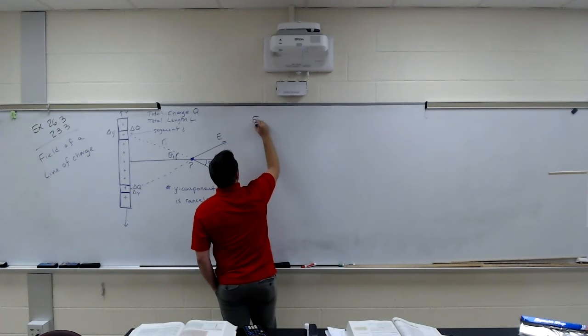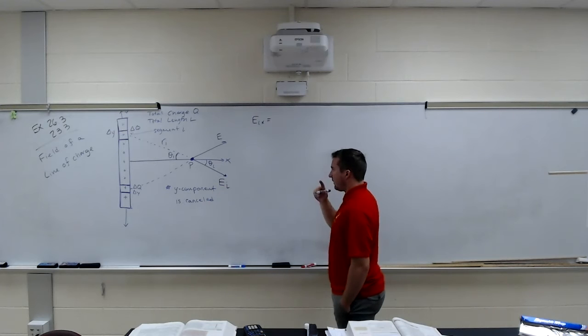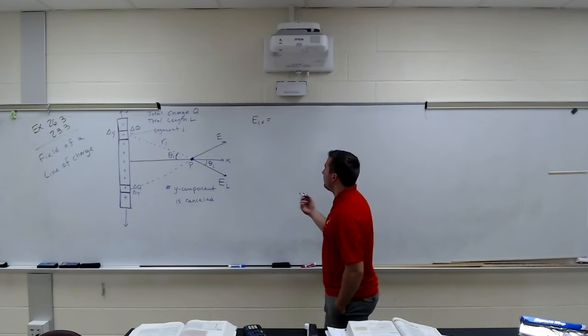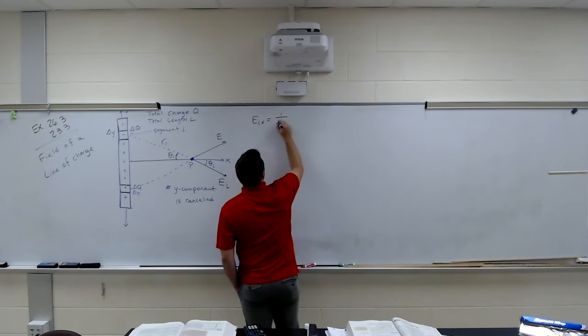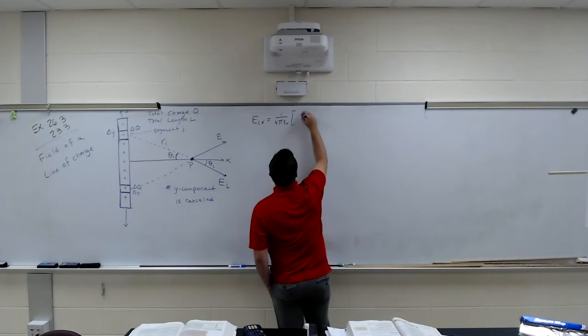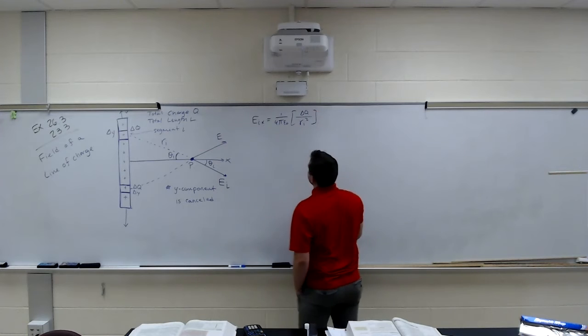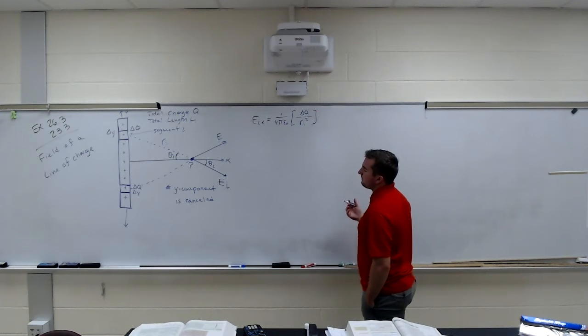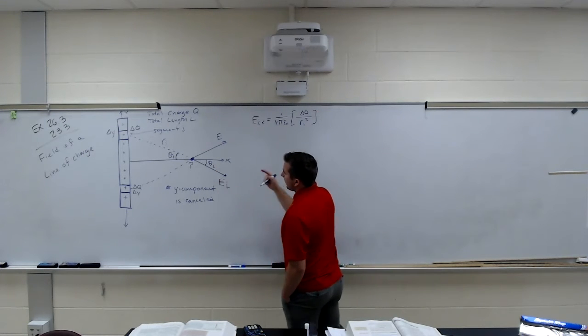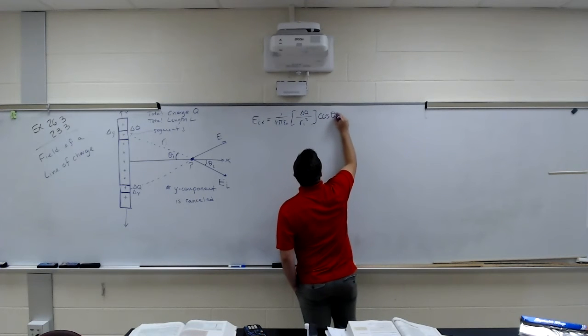So E_ix, let's start with that, is going to equal our equation for a point charge, which is k, 1 over 4 pi epsilon, times Q, which in this case is my small delta Q, over r_i squared. So that's my charge, but I'm picking out the x component, and if I look at my angle, theta i, the x component is going to be a cosine, so cosine theta i.